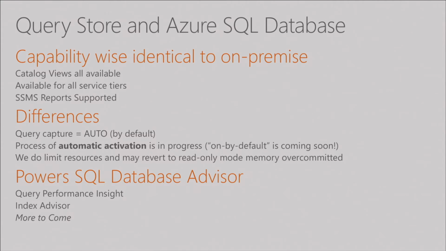But also features like Index Advisor that you probably heard of. That's the new service that we have in Azure SQL Database. It recommends indexes for you, and it uses Query Store in the validation loop. And also some new features that are in the works will also depend on the Query Store.